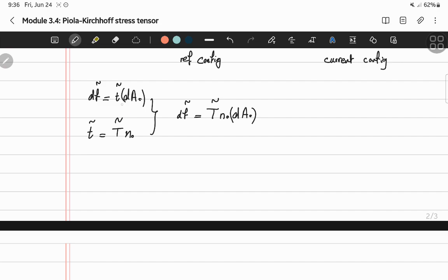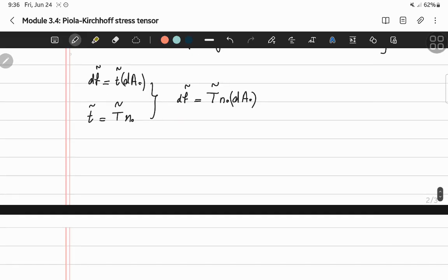So here we have the traction or the stress vector times the area. So we have the force vector in here.